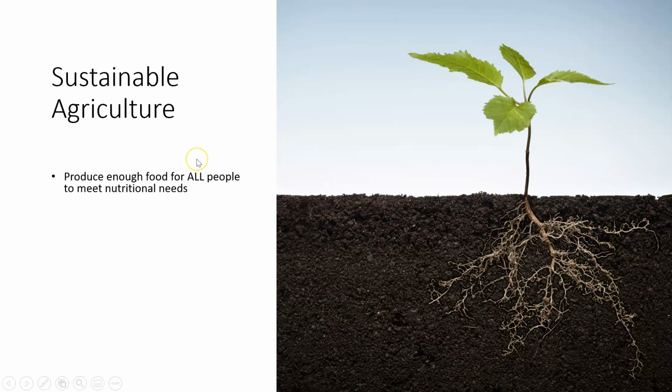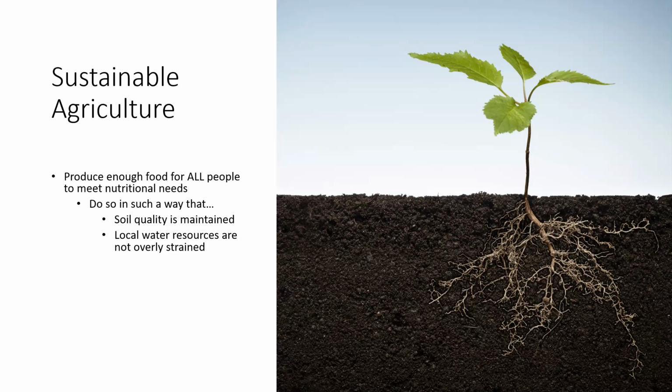Now, to make this process sustainable, we need to maintain soil quality so that we can grow plants again and again indefinitely, that we're not overly burdening our local water resources, and that we're minimizing the impacts of pollution that might come from the use of pesticides and chemical fertilizers, or crop and animal waste for that matter.